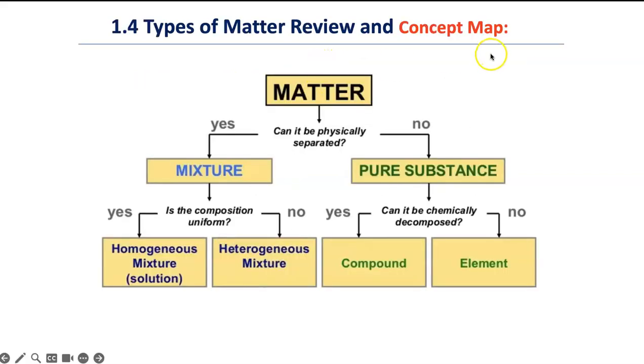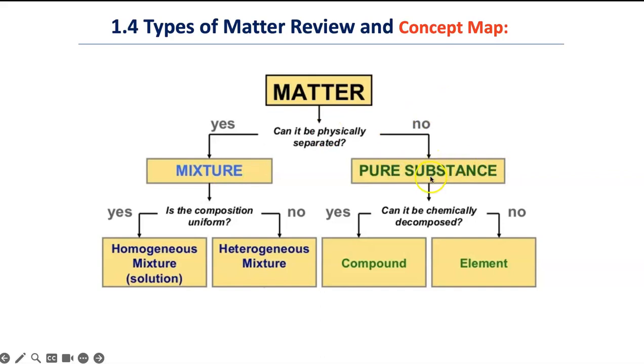And here is the summary of the lesson and the concept. Matter, based on can it be physically separated, is divided into two subparts. If it can be physically separated, then it's a mixture. If it cannot, it's a pure substance.